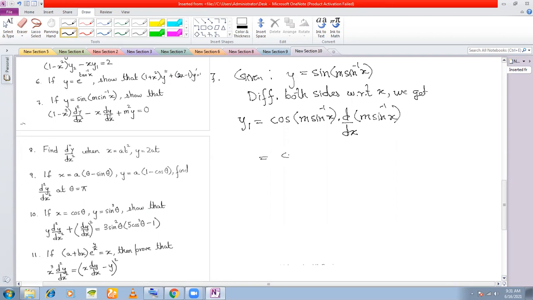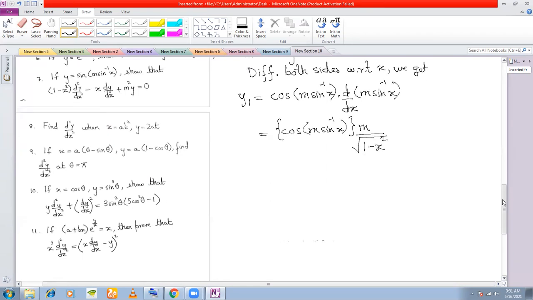Now m is a constant, you can take it out and differentiate sin inverse x to get 1 by root of 1 minus x square, right? Now you cross multiply to get root of 1 minus x square y1 is equal to m cos(m sin inverse x).